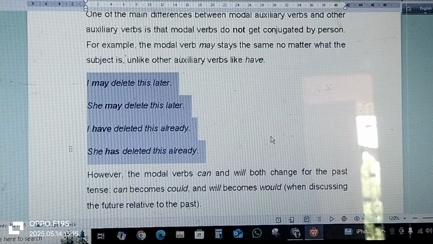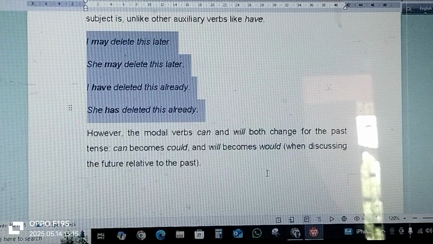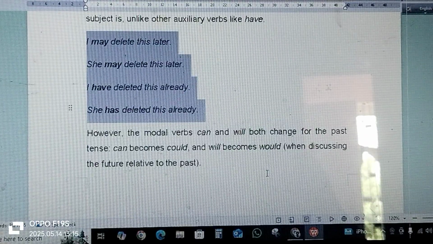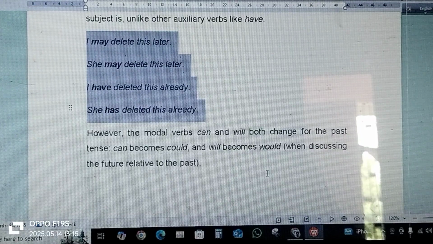However, the modal verbs can and will both change for the past tense: can becomes could and will becomes would when discussing the future relative to the past.